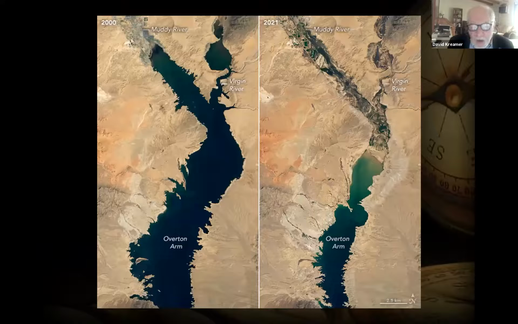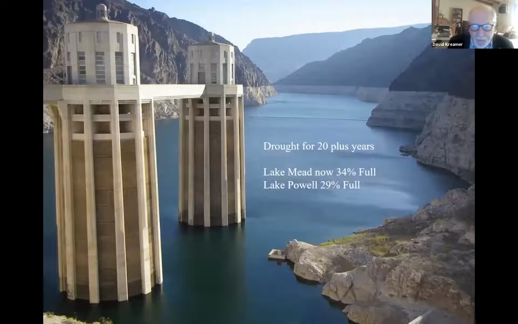Just to take one arm of the Lake Mead on the Colorado River, you can see that from 2000, when the lake was brim full of water, to today, there has been a tremendous decrease in the amount of water available in the Colorado River. So we've had a drought now for 20 plus years. There have been one or two above average years, but only one or two.